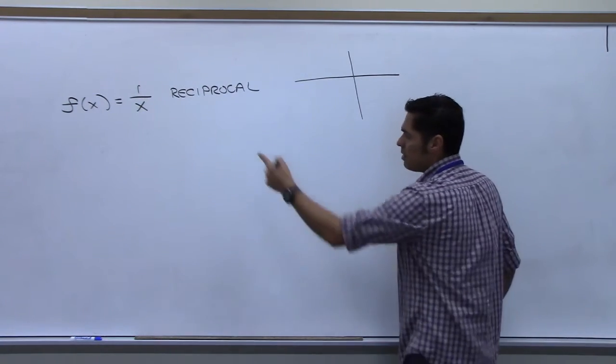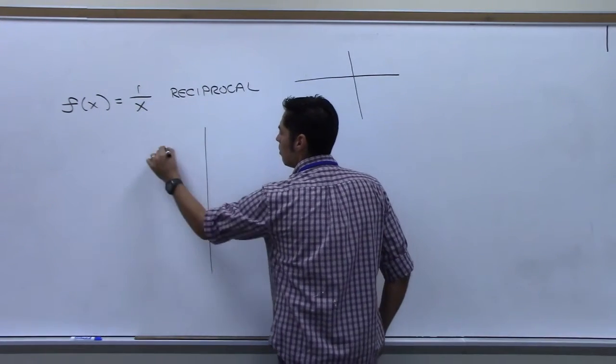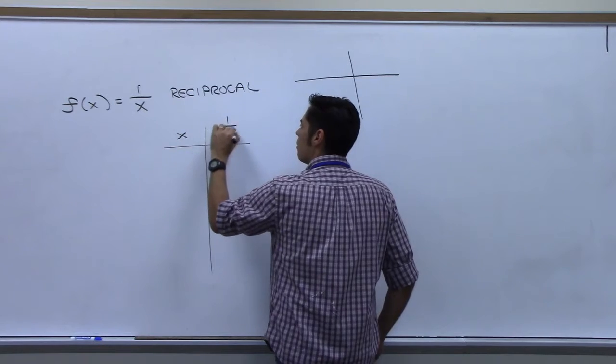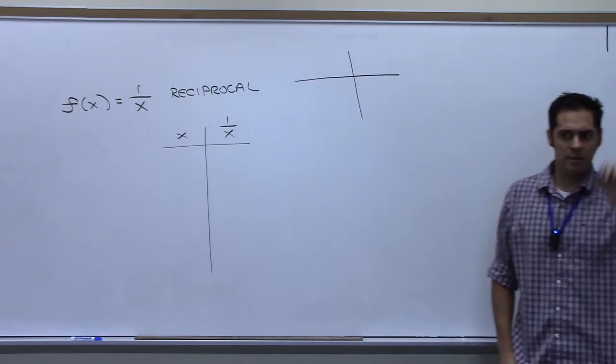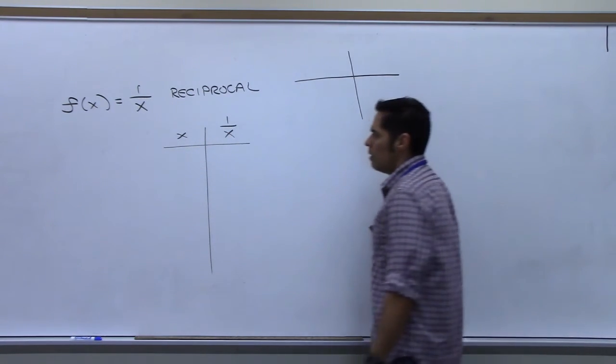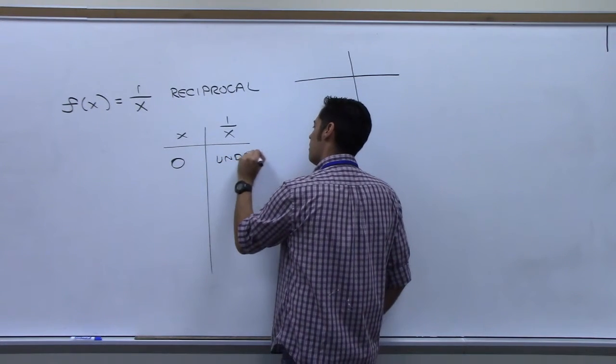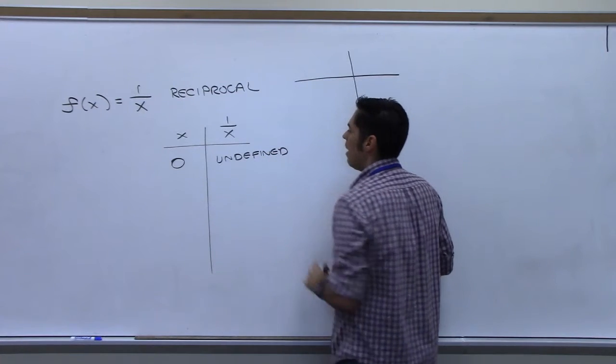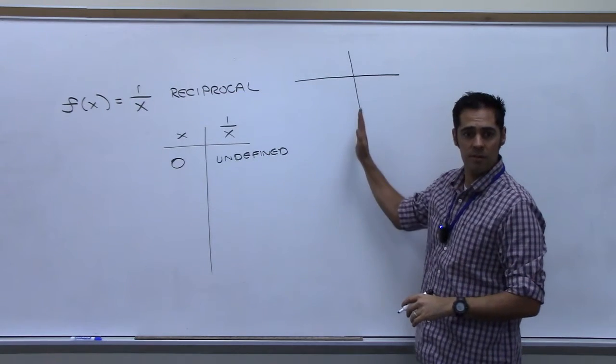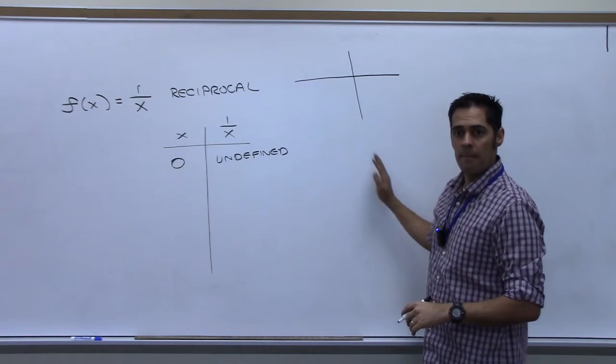So let's look at this function for a second. Let's do a t-table real quick. X, 1 over x. That's how we used to plot points, right? If I plug in 0, what? Undefined. Can't do that. So that means I will not have anything along the y-axis. Can we also do the 0 with the line through it?